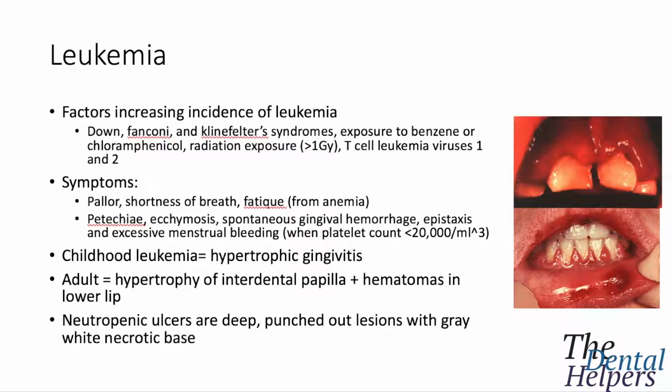Childhood leukemia is this image right up here, and it's associated with hypertrophic gingivitis. Adulthood is where you have hypertrophic interdental papilla. If we look at the interdental papilla, it's very hypertrophic. And then we have hemangiomas on the lower lip. You can have neutropenic ulcers that are deep punched-out lesions with gray-white necrotic bases.